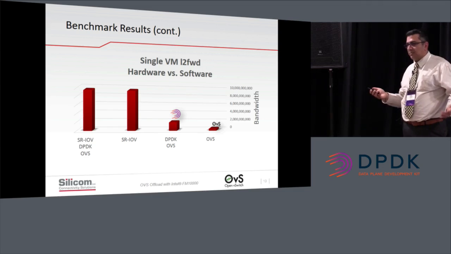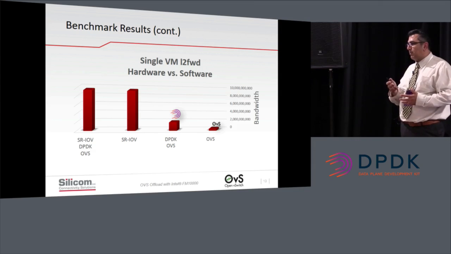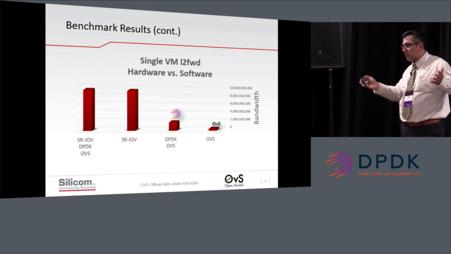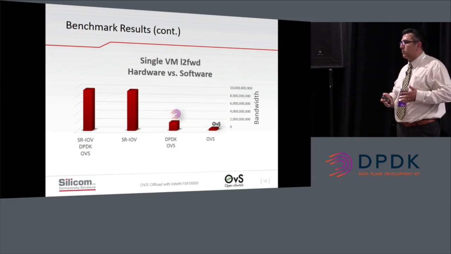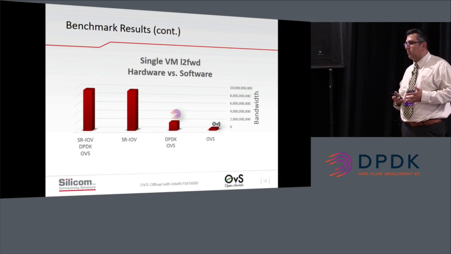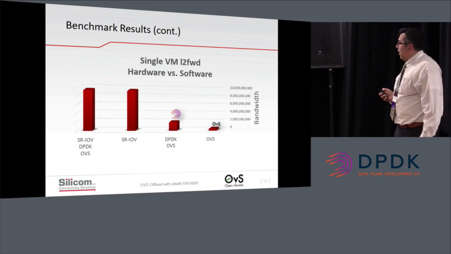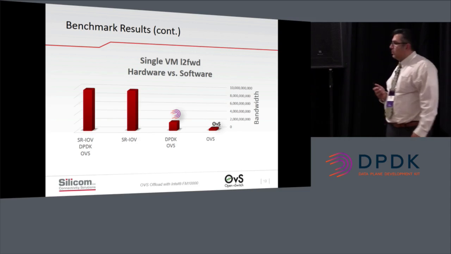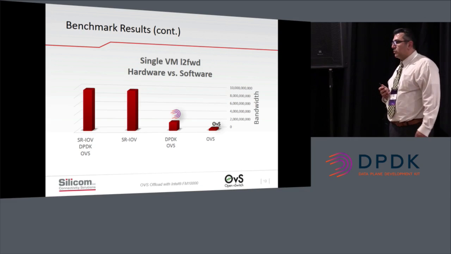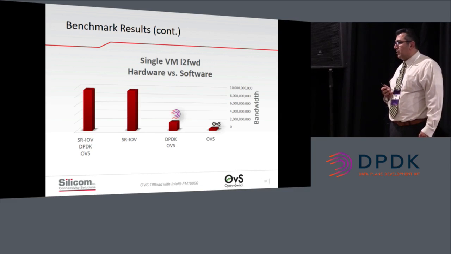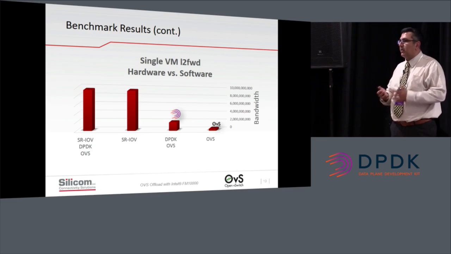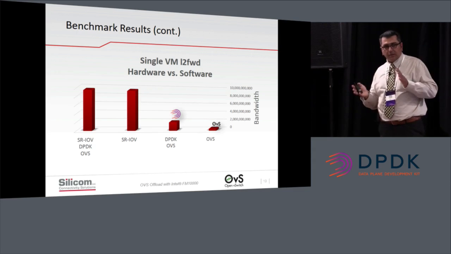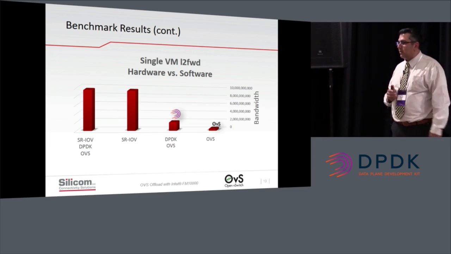The SR-IOV is a simple case. The SR-IOV is just walking straight down to the bus, to the hardware. Why the DPDK OVS sits in this area, I am not sure I can address this question. But I know that this is more or less what is acceptable in this benchmark.